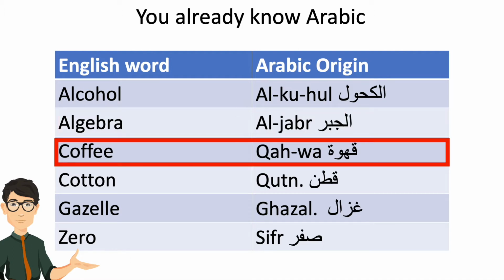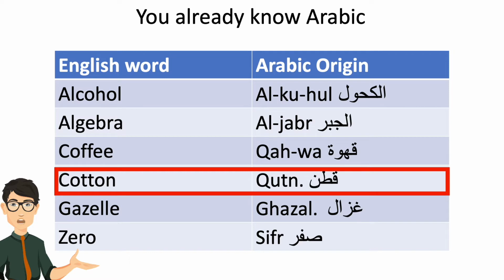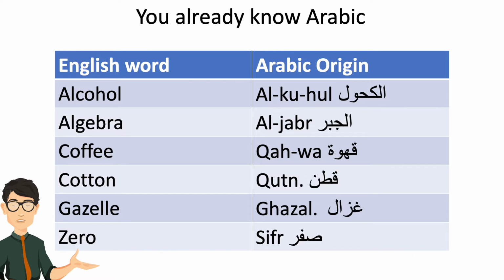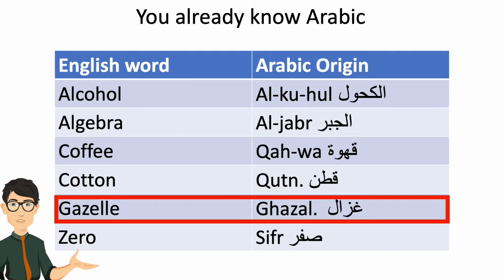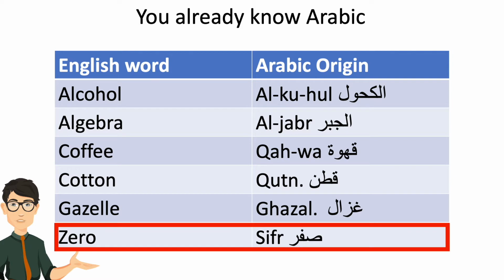The English word coffee comes from the Arabic origin qahwa. The English word cotton comes from the Arabic origin qutn. The English word gazelle comes from the Arabic origin ghazal. And the English word zero comes from the Arabic origin صفر.